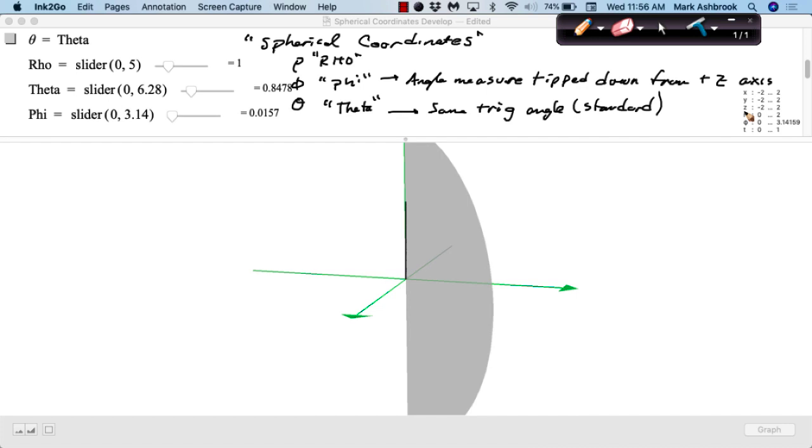That might point back into the right. So that's what makes this much different. These coordinates are based on two angle measures, and this angle phi is probably something you've never seen before. Okay, theta is the standard trig angle, and then once you pick theta, you sweep down in the direction of theta from the positive z-axis, and that's the angle phi.